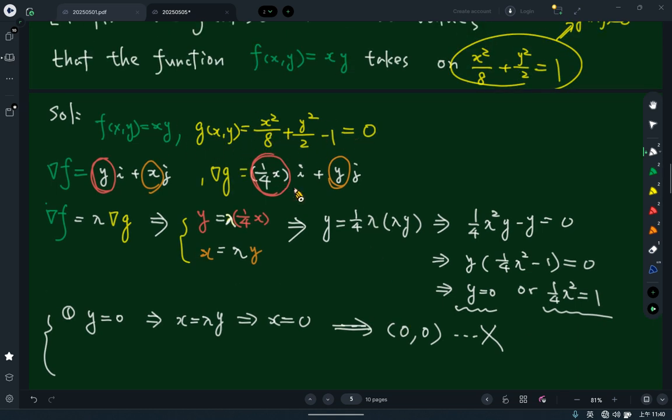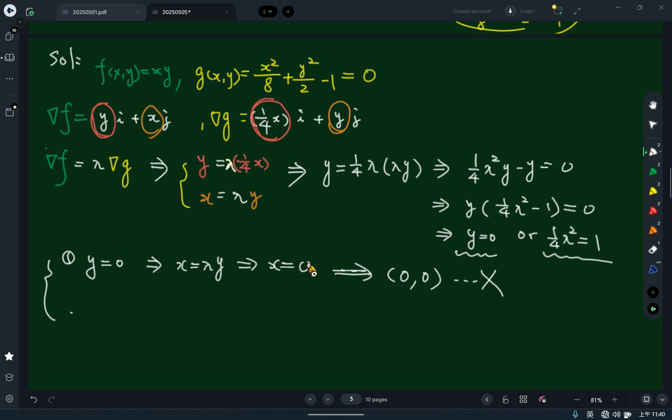The second one is 1 over 4 lambda square is equal to 1. So that we can get lambda is equal to positive 2 or negative 2. Right? Because you can easily move 4 to the right hand side, so lambda should be positive 2 or negative 2.